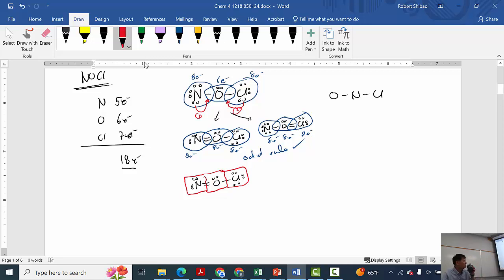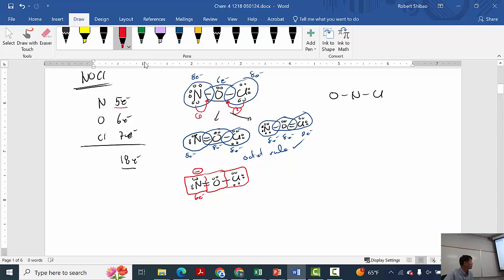How many electrons does nitrogen end up with in the structure? 6. How many did it contribute? 5. So it ends up with an extra electron.